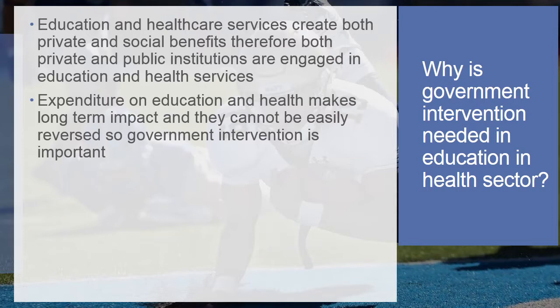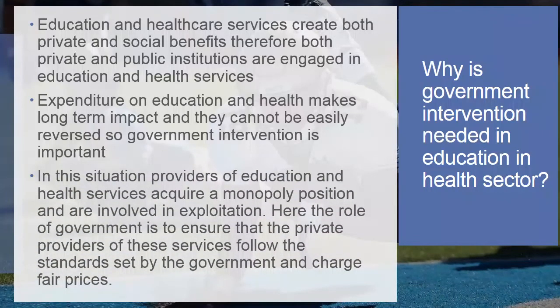So, government intervention is important. In this situation, providers of education and health services acquire a monopoly position and so are involved in exploitation. Here the role of government is to ensure that the private providers of these services follow the standards set by the government and charge fair prices.